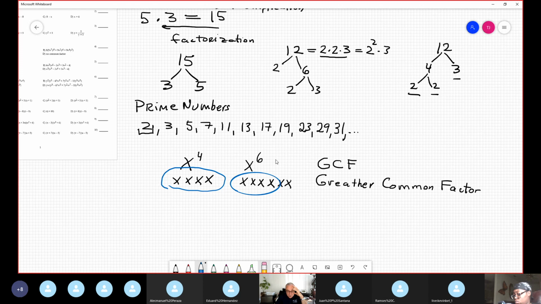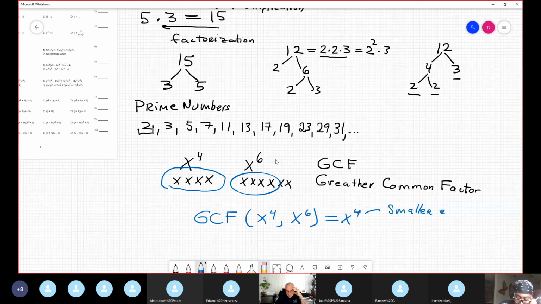So the greatest common factor between x to the 4 power and x to the 6 power is x to the 4 power. It's the part of the variable that both expressions share. This is super easy because you take the smaller exponent. Okay, the smaller exponent. This is the GCF.